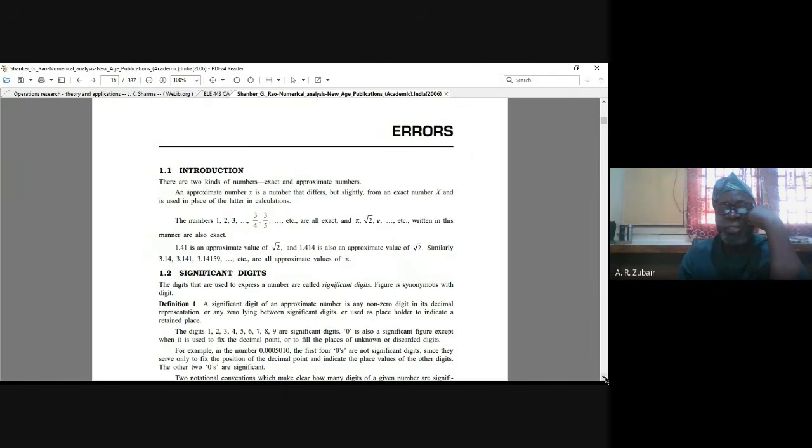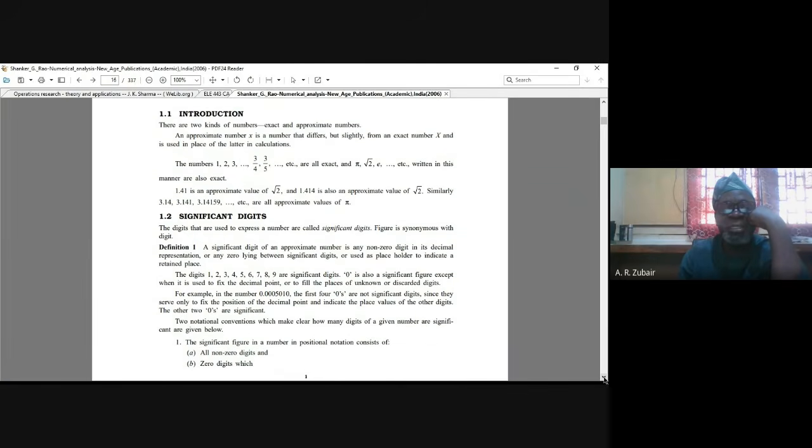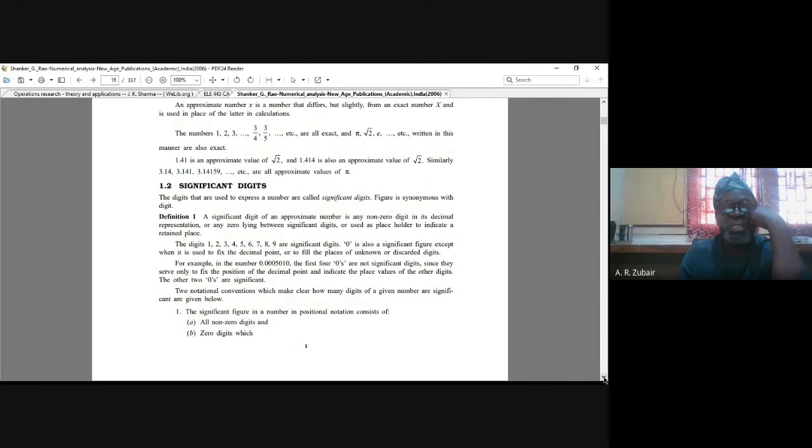Significant digits. The digits that are used to express a number are called significant digits. Figure is synonymous with digits. Definition 1: a significant digit of an approximate number is any non-zero digit in its decimal representation, or any zero lying between significant digits, or used as a placeholder to indicate a retained place.